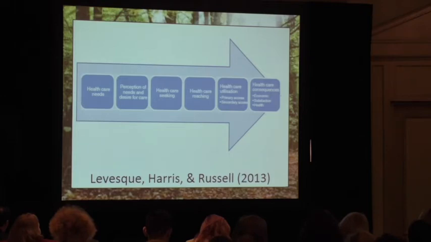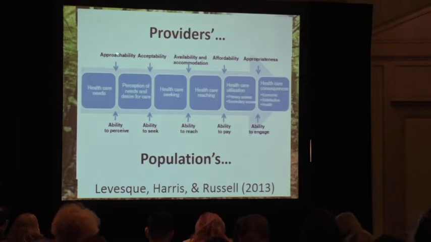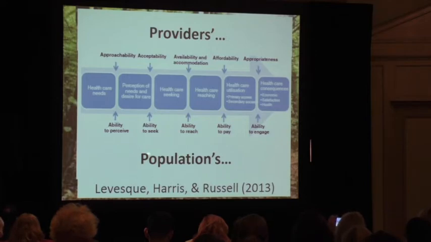I like the Levesque model because they provide a lot of barriers, possible barriers, and they do it not only from the provider side, but the population side as well. So I'm not going to go into all of the details, but for example, the first barrier that might come, if you go from the provider's responsibility, is approachability. So do the providers accept that trans people could benefit from voice therapy? As opposed to the population side, which is, do they have the ability to perceive?